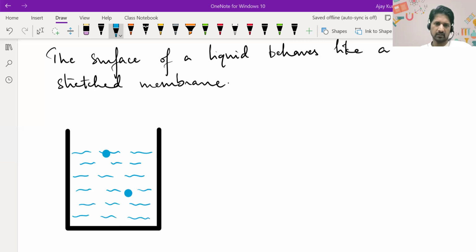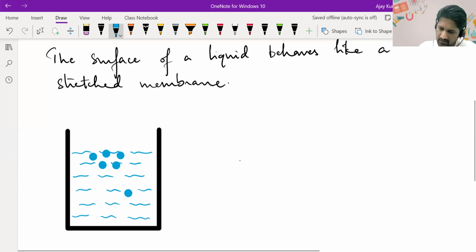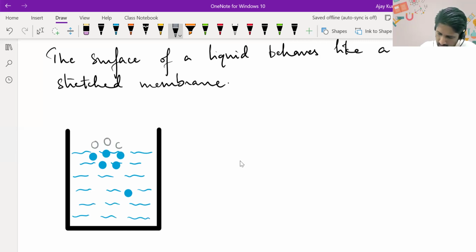Now, these molecules are surrounded by other molecules. Look at the surface molecule. It is surrounded by similar molecules, that is liquid molecules, on one side, but on the other side, it's surrounded by air molecules, or whatever is present outside.